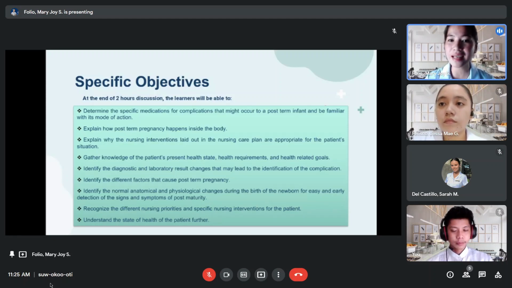Then recognize the different nursing priorities and specific nursing interventions for the patient. And lastly, understand the state of health of the patient further.